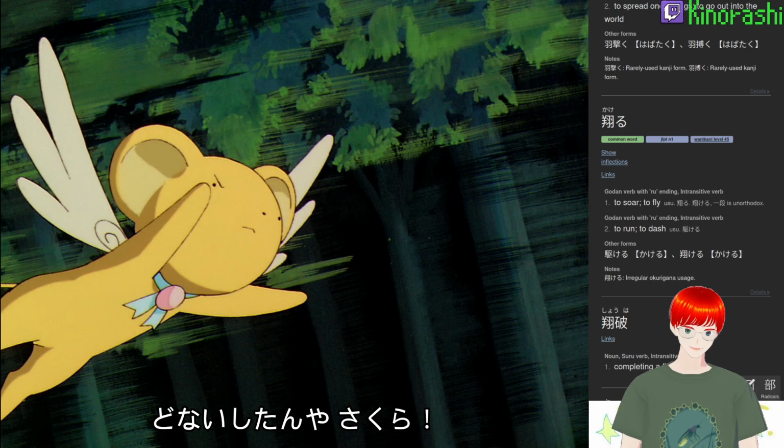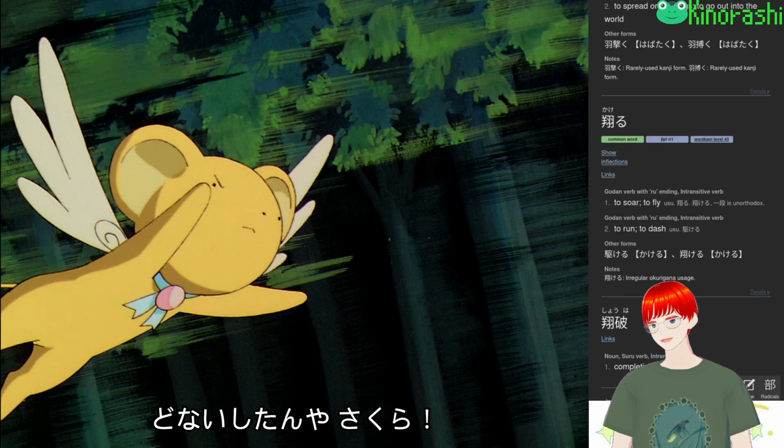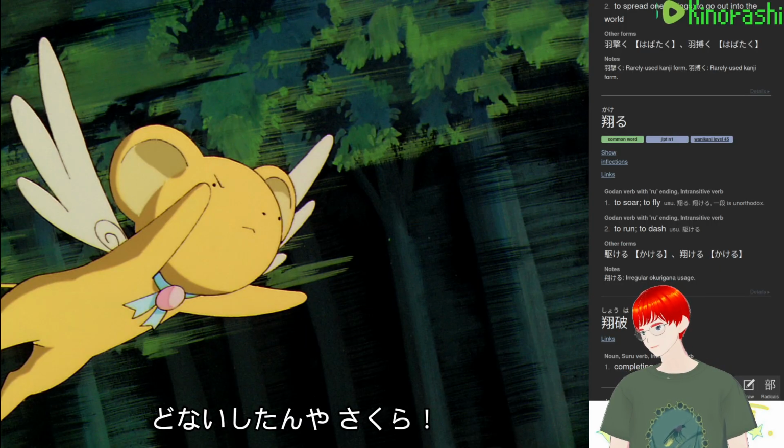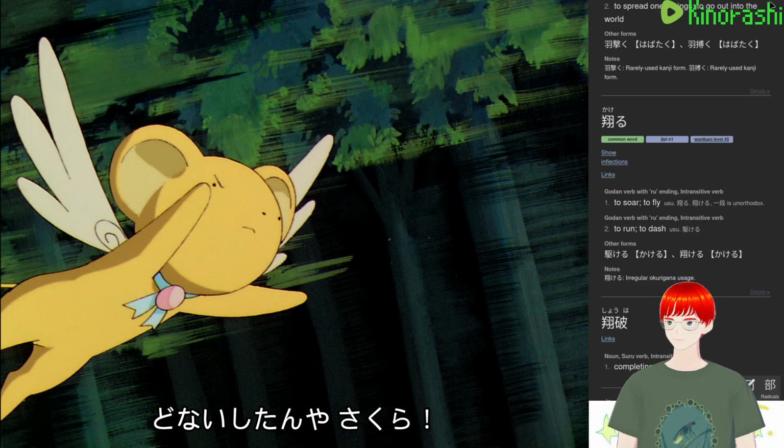Donai shitan ya Sakura. So this is basically in standard Japanese would be do shitan. So in other words, not so much what are you doing, but usually it's used for like what happened or what have you done. It's kind of strange he's using past tense here.